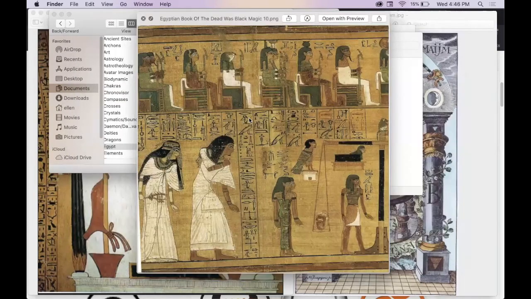Now the next image, and some of these may not even be part of Egypt, but the thing to note is that it has a lot of the symbolism. Even if it's modern artwork, it has a lot of the symbolism, and all of the symbolism can be found in Egypt. So here we have probably a priest and a priestess.